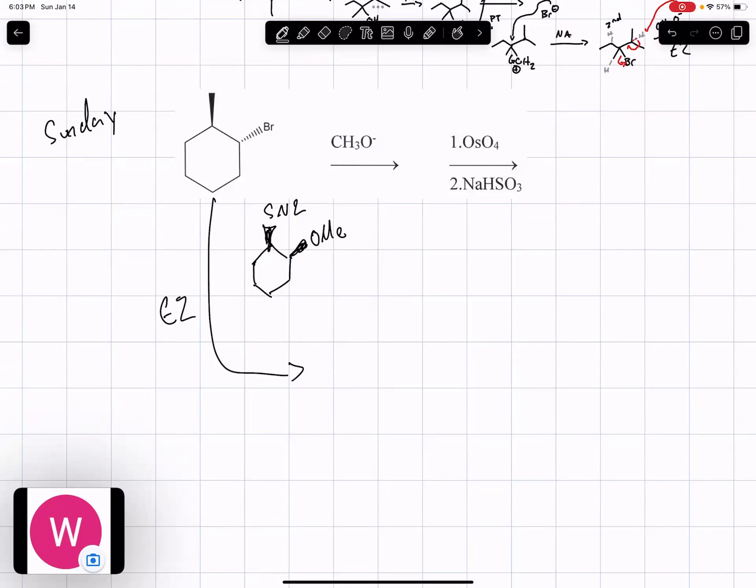Here, if I was to go E2, I can't just pull off a hydrogen from the left side from the top carbon, because first of all, this is a cyclic structure. You can't necessarily twist it, right, without breaking the ring. So we can't simply twist so we can get an oppositely sided hydrogen.